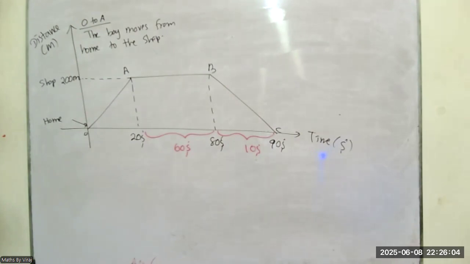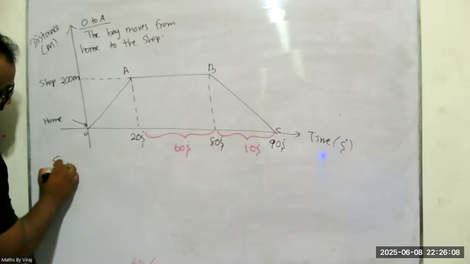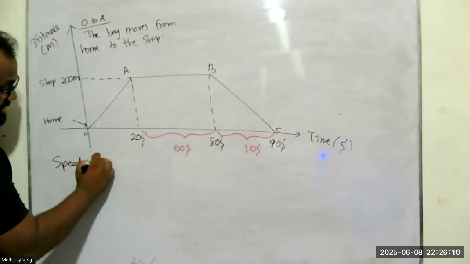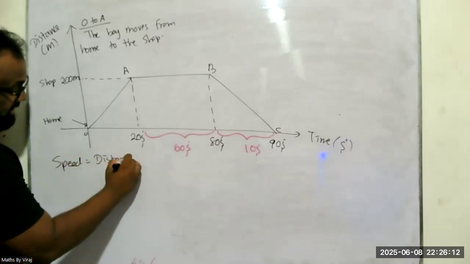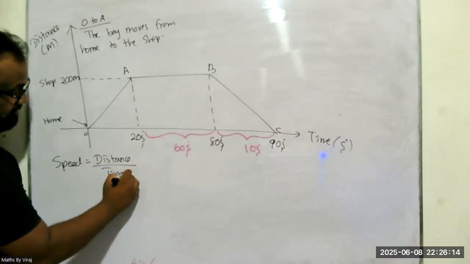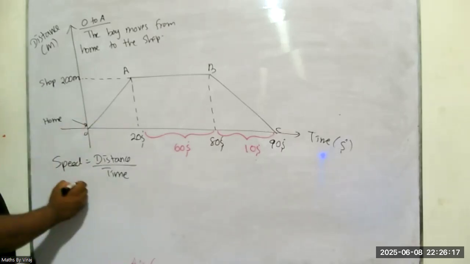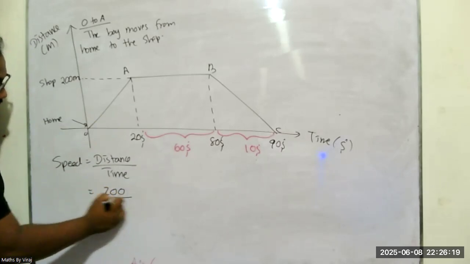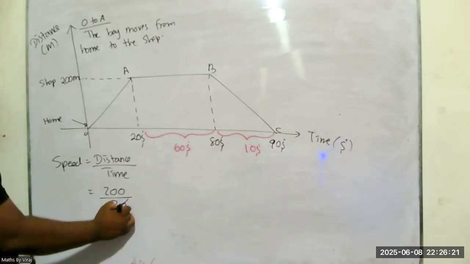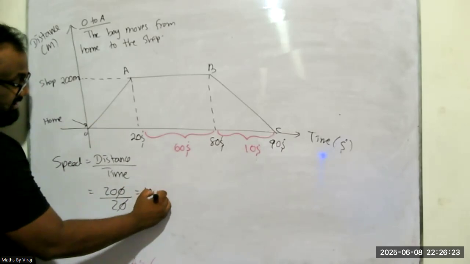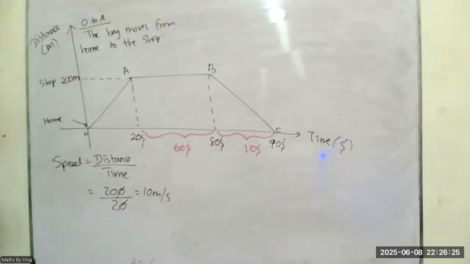Do we know the time? 20 seconds. What is the speed now? We know that speed is equal to distance divided by time. There, what is the distance? 200. Time 20. Now this says that the child has been moving with a speed of 10 meters per second.